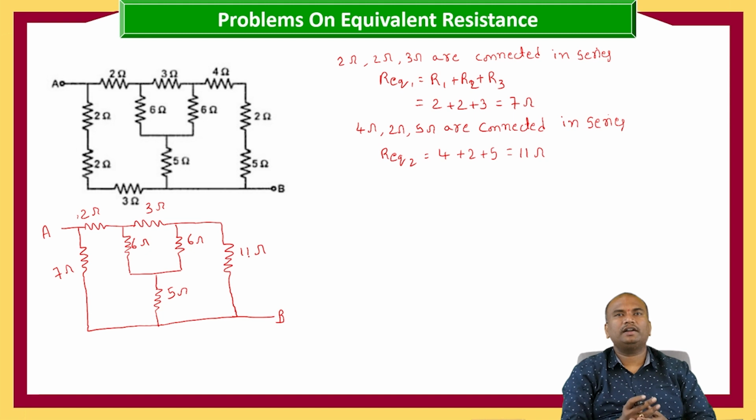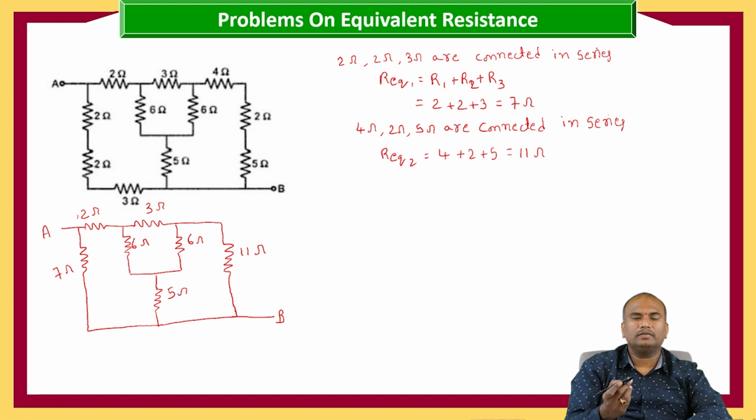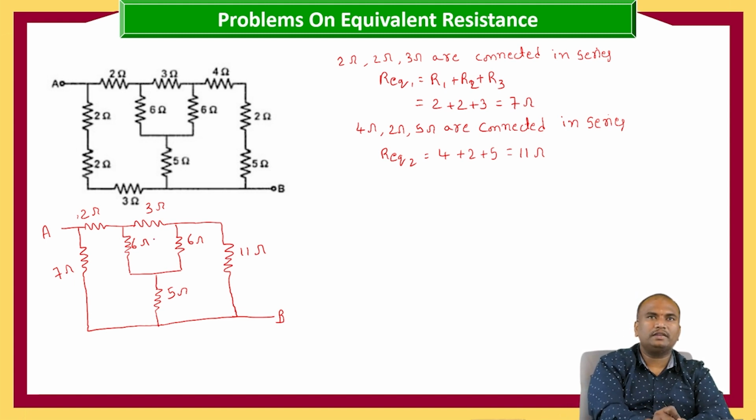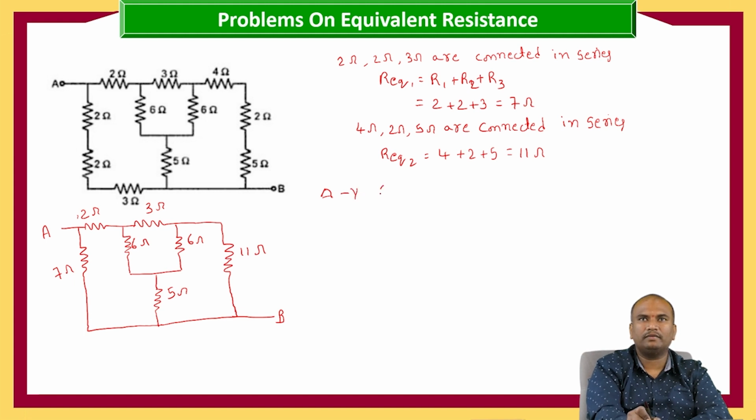So we are having different combinations, but here it is better to go with either delta to star or star to delta transformation, which is connected to most of the elements. So here we can easily go with delta to star transformation, and here the delta which I am choosing is 6 ohms, 6 ohms, and 3 ohms.